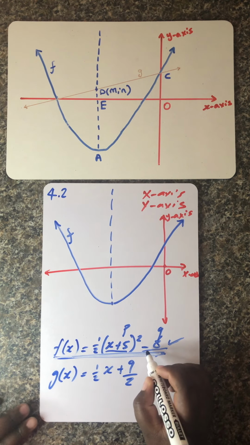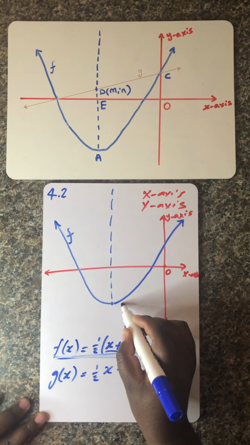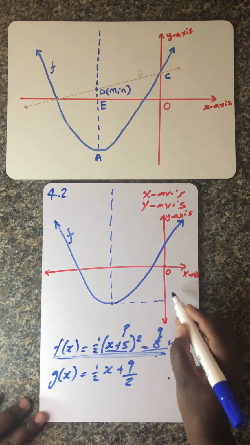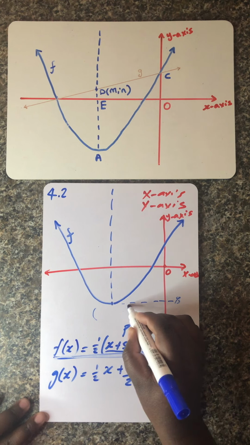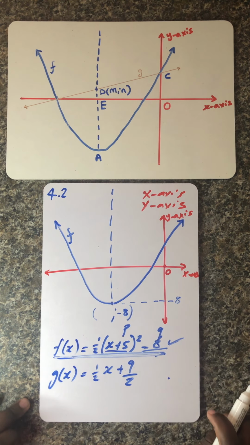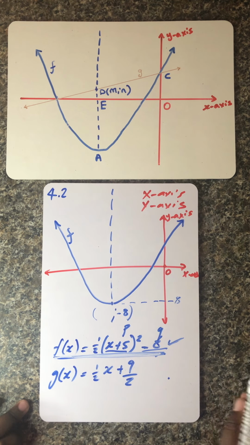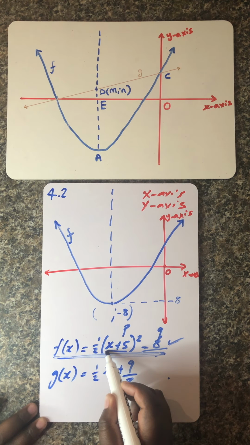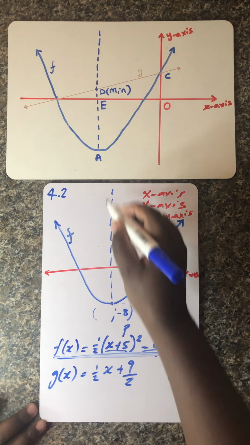For example, this -8, it's that point there, which is the turning point of your parabola or your graph. So inside the brackets we can find the x-intercept of the axis of symmetry.